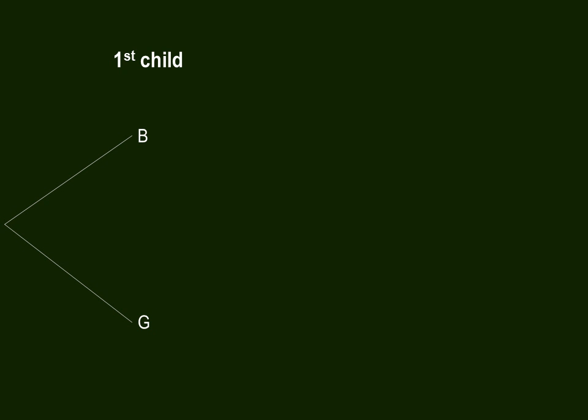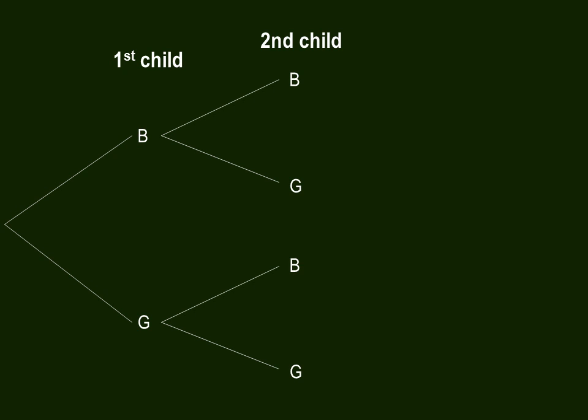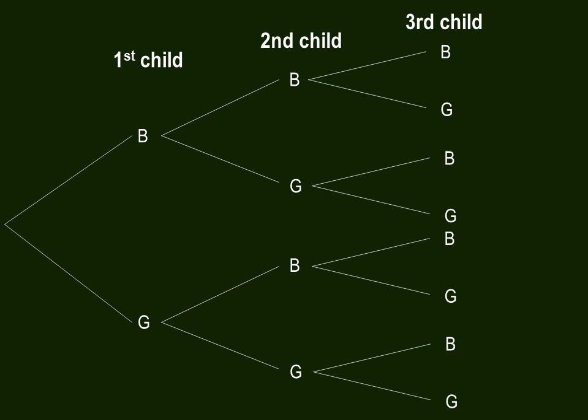Then, if the first child is a boy, there are 2 possibilities for the second child, whether it be boy or girl. These possibilities are the same if the first child is a girl as well. And we follow the same procedure for the third child.